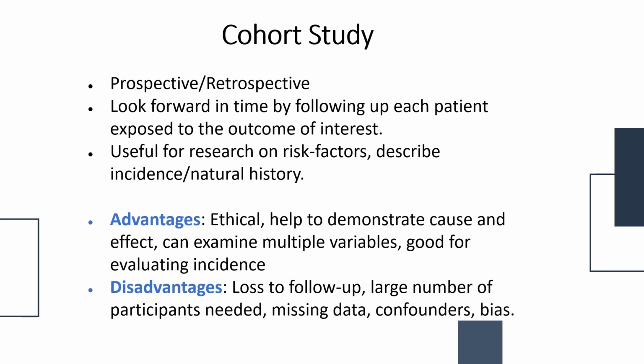So what we're trying to do is have a look at patients or participants who have been exposed to the outcome of interest, following them up over time and seeing what the effect of that exposure was. So it's really useful if you're trying to find out if a certain risk factor is associated with a condition or disease. And it also describes the natural history of the disease or the incidence of a disease.